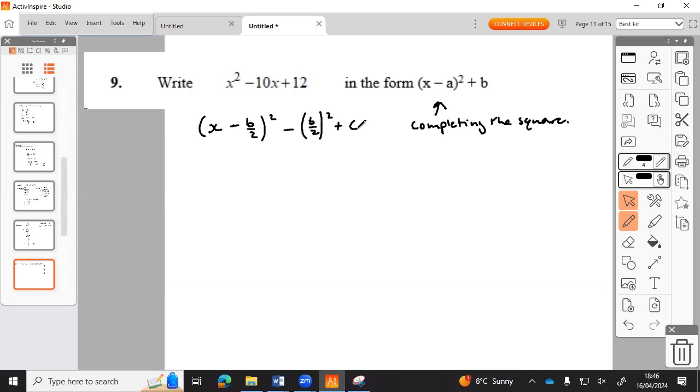So that's a sort of formula there. x minus 5 squared minus 25 plus c, which is 12.